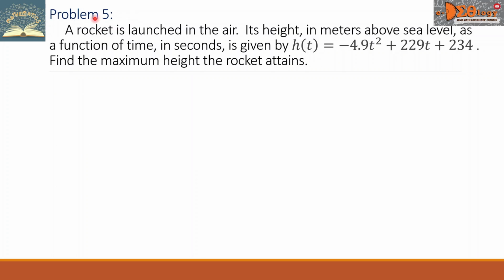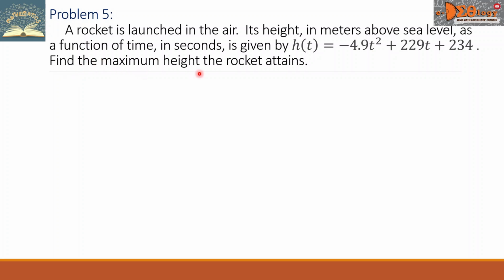Problem 5. A rocket is launched in the air. Its height in meters above sea level as a function of time in seconds is given by h of t equals -4.9 t squared plus 229 t plus 234.